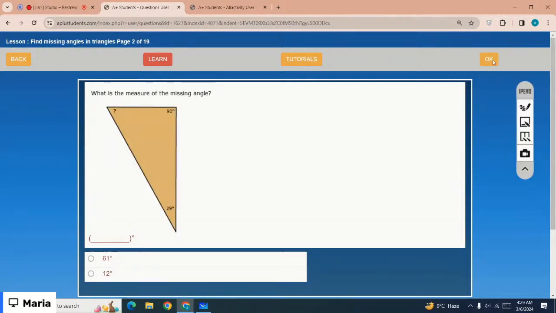Okay, find the measure of the missing angle. So which is the correct option? You are given 90 degrees, 29 degrees. You have to find the third one.